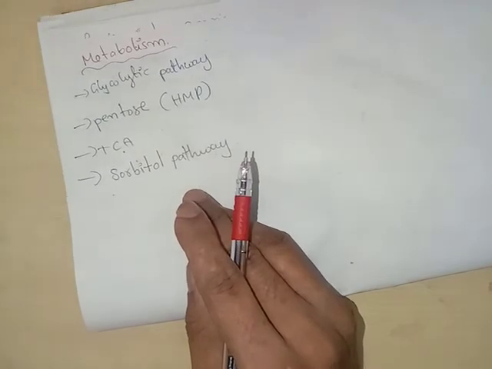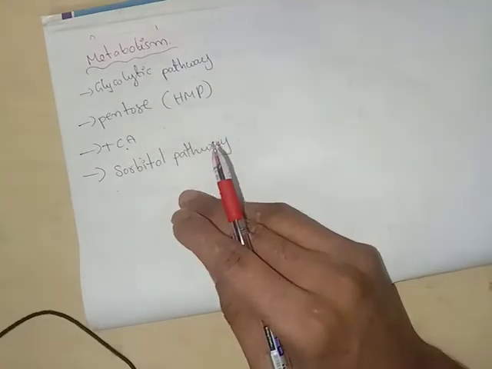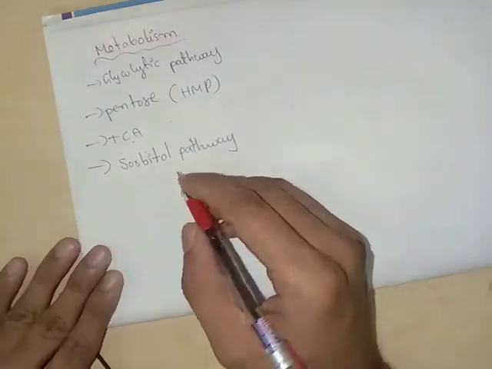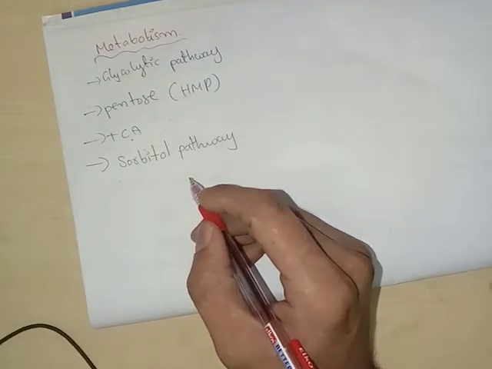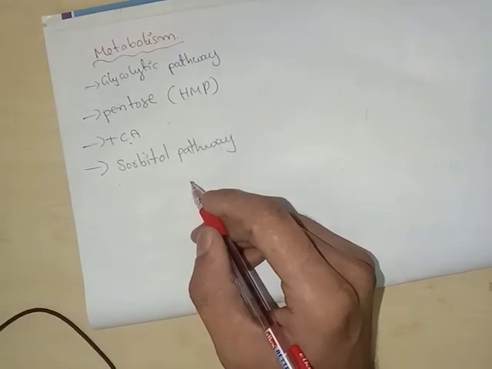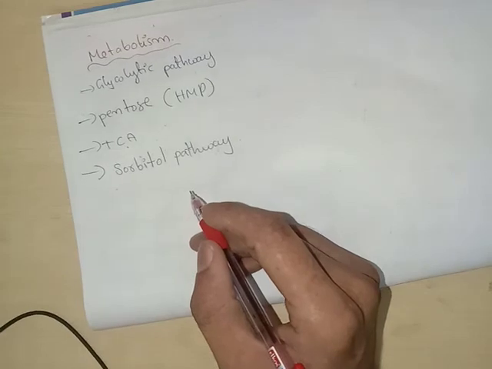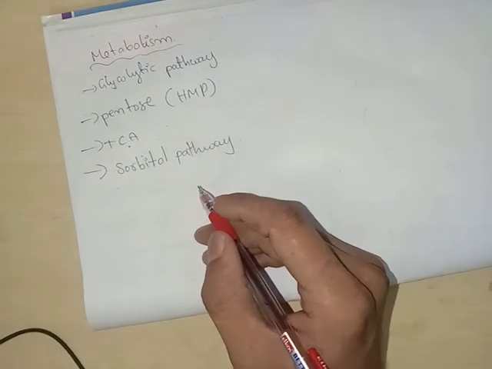This aqueous humor drains out of the eye. The aqueous humor is the same as blood. Blood also gives nutrients to the organs and takes away toxins and waste products. In the same way, the aqueous humor also gives nutrients and takes away toxins.